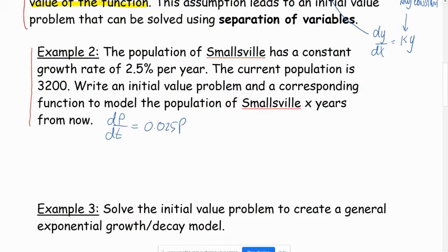And this is giving us our initial value. So that's saying that the population now at time 0 is 3,200.